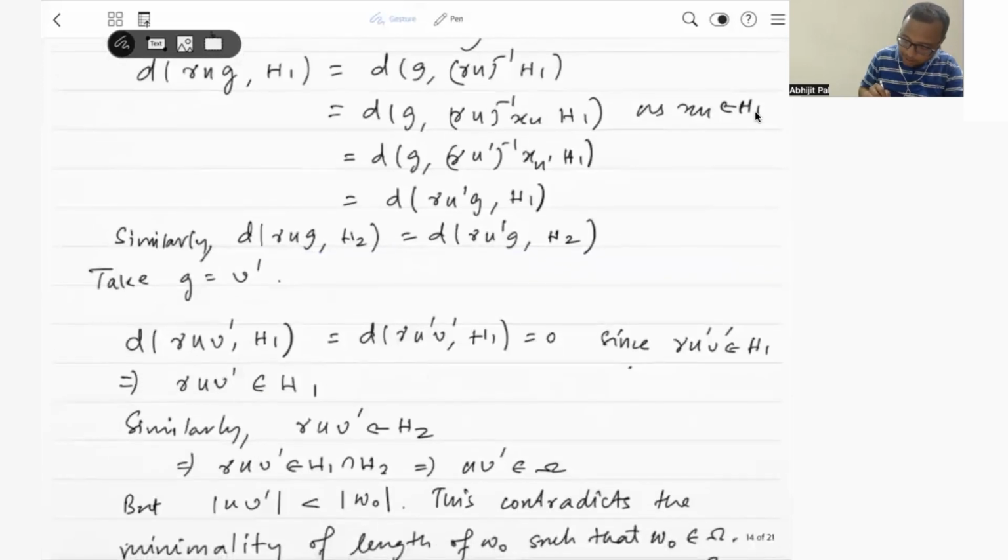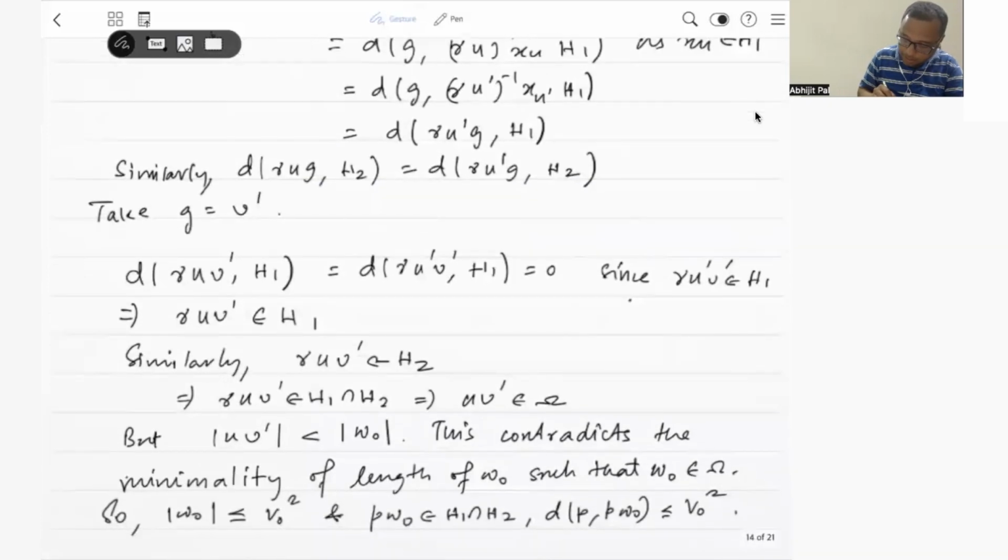And similarly, γuv' belongs to H2. So this element belongs to both H1 and H2. Therefore, γuv' belongs to H1 intersection H2, and this proves that uv' belongs to Ω.